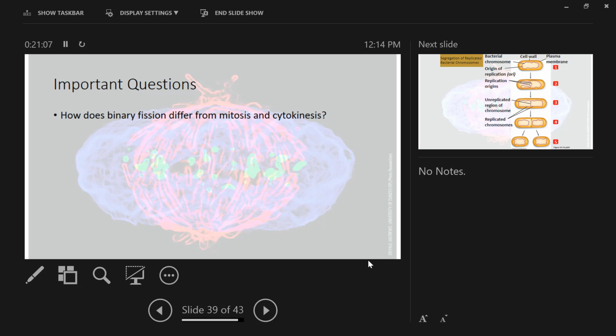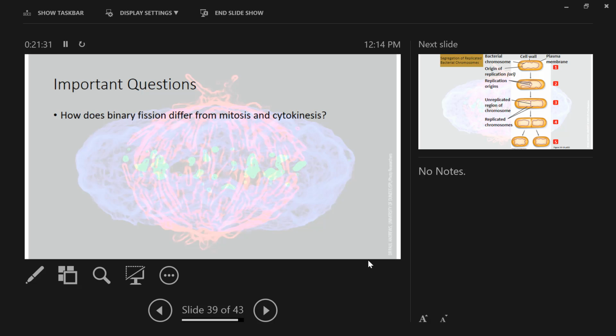One way to answer is that binary fission is a single process, while mitosis and cytokinesis are two separate processes. So that's one way in which you can answer this question.